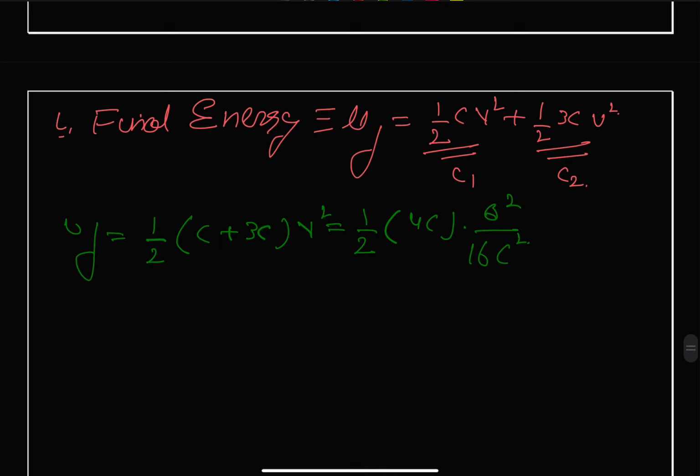Here 16 goes by 4 and C square goes by C, so we are left with half over 8. So this will be 1 by 8 Q square upon C.